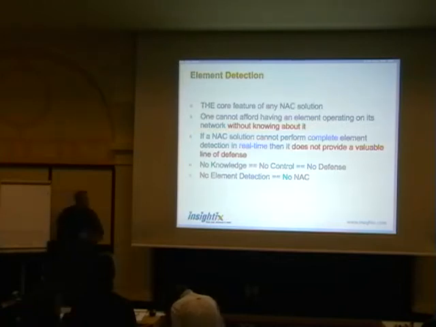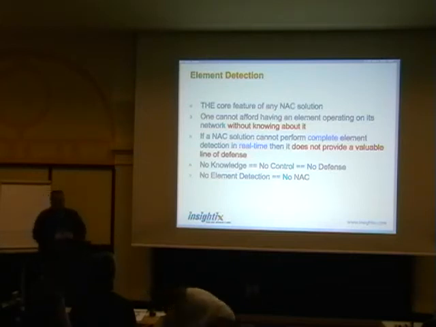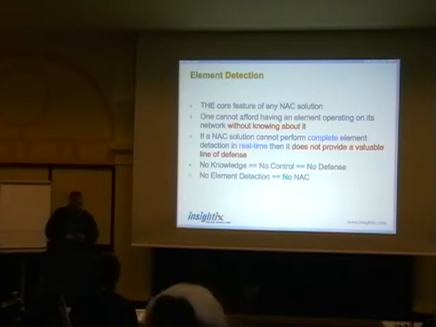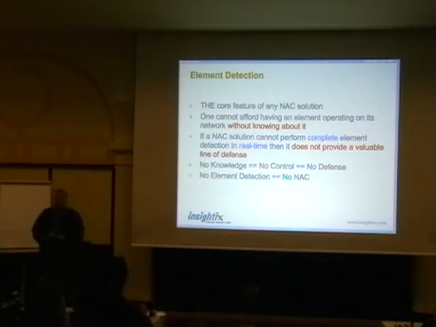As I said earlier, one of the most important features of network access control is element detection. Basically, the idea is that NAC is being triggered by element detection. If I detect a new element being attached to the network, then the NAC process can start.